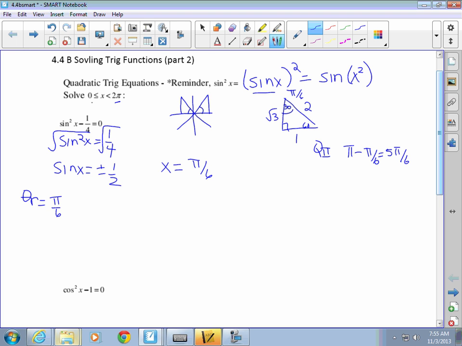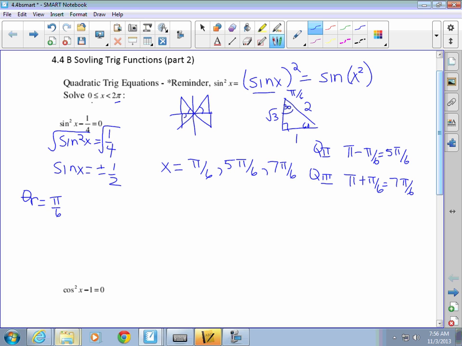So that's 5 pi over 6. In quadrant 3, so that's right here, it's going to be pi plus pi over 6, so that's 7 pi over 6.